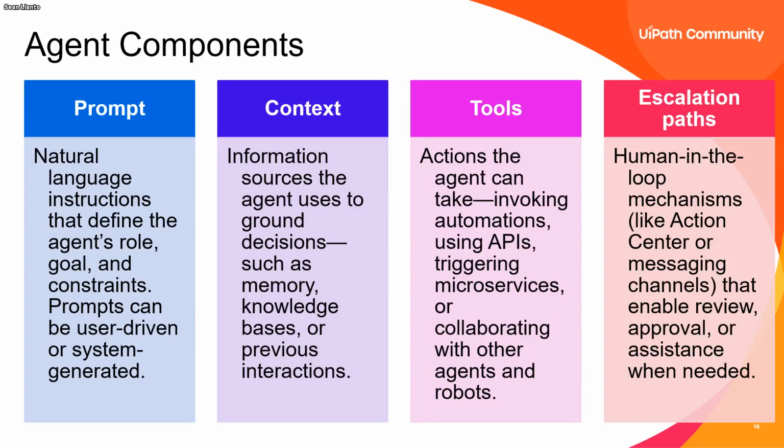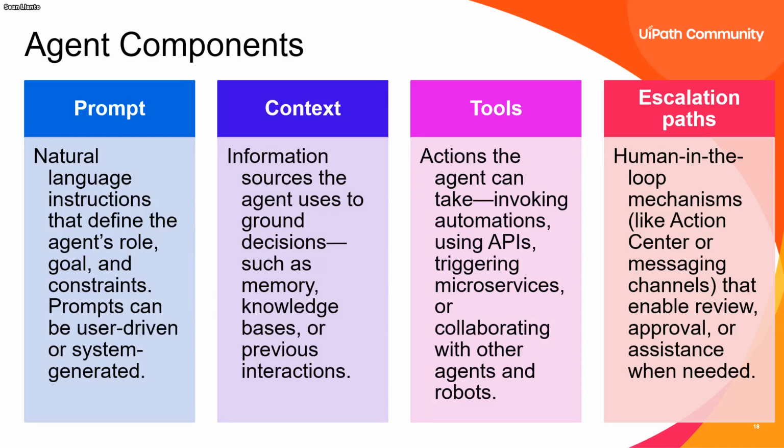Context. This is where we ground the agent to use certain procedures only, to use as its knowledge base, and to give you only what you need based on a specific context itself. We also have tools. Tools would be our automation solutions, our robots running in the process.